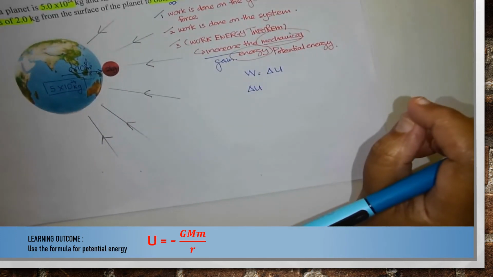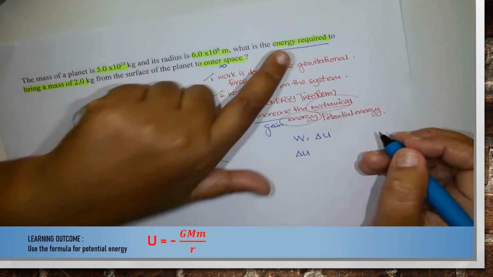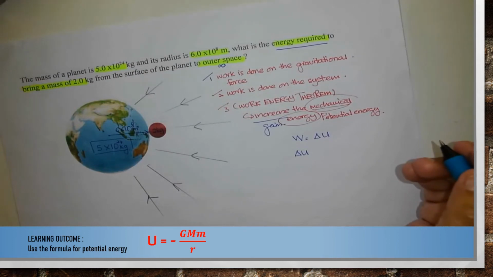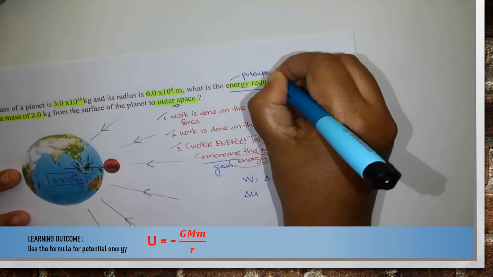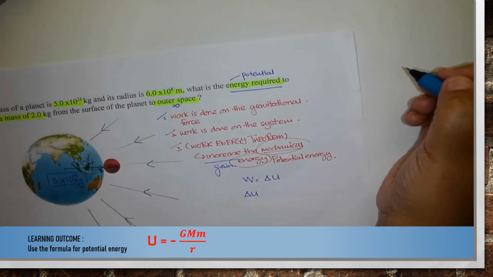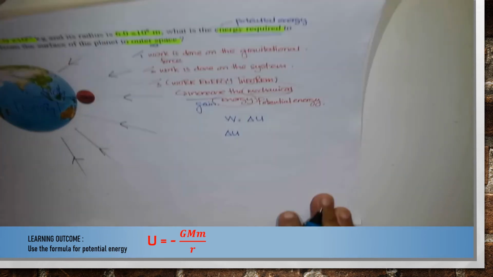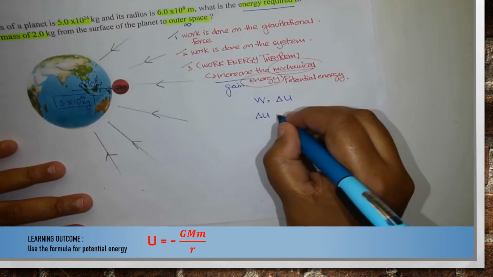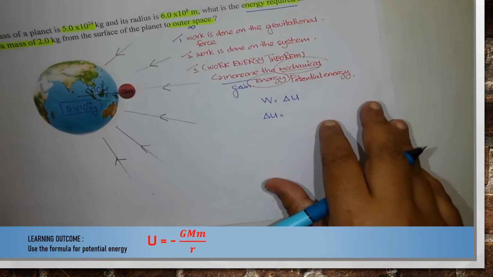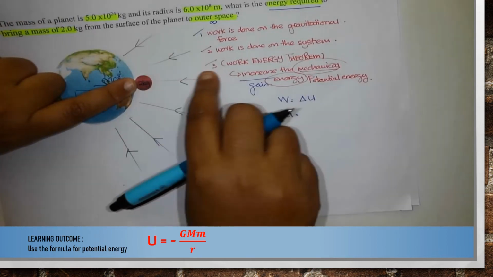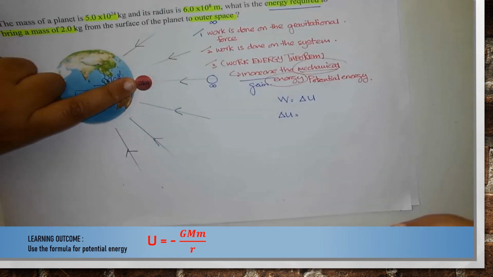Now the question asks, what is the energy required to bring? The energy required is specified here as potential energy, because it is to bring from one position to another position. So in this case, delta U is equal to final minus initial. It was initially here and then it is brought to infinity, so you want to find the change of energy.